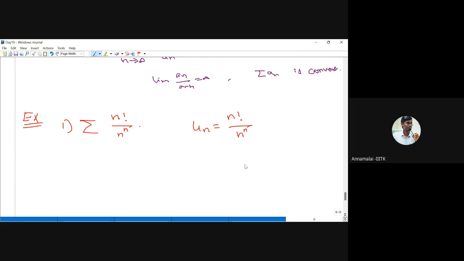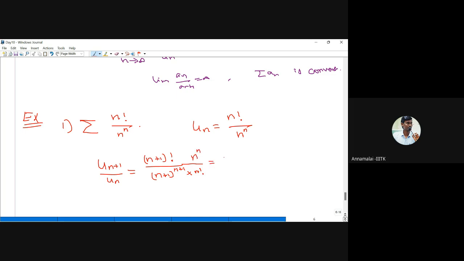We have to find the quotient un plus 1 by un, the (n plus 1)th term by the nth term. Replacing n by n plus 1, we get (n plus 1) factorial by (n plus 1) power (n plus 1), divided by un, where the denominator is n factorial and the numerator is n power n.